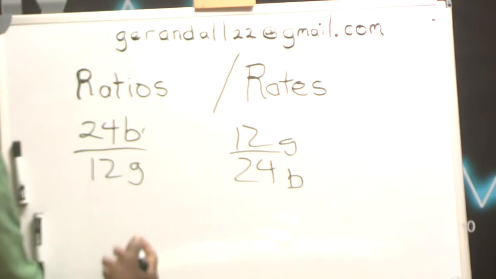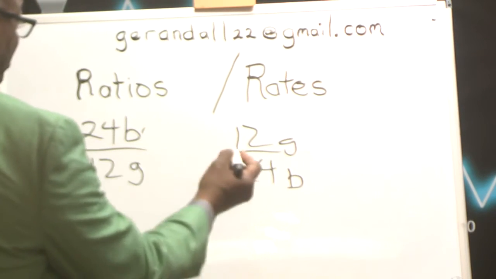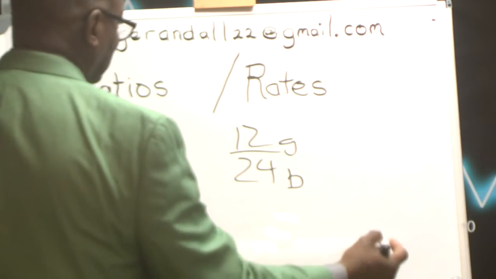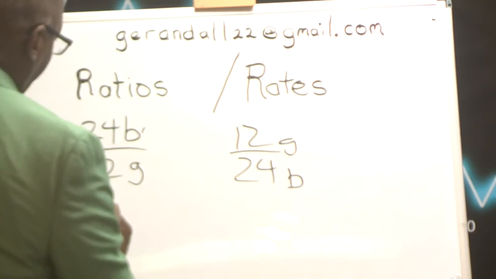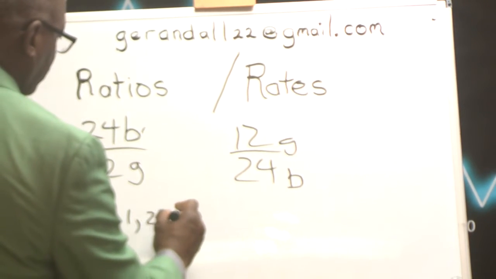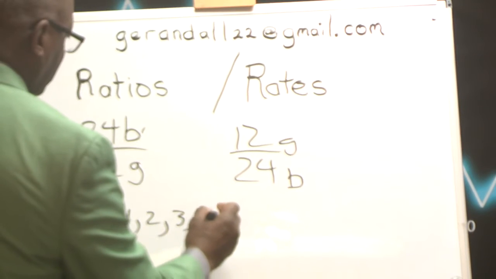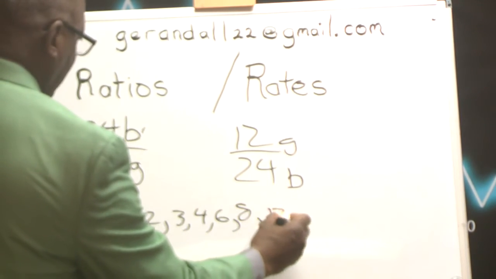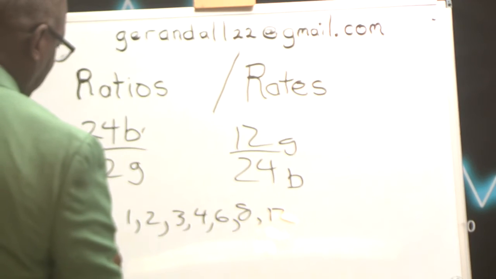Now, looking at that, a fraction. Remember way back when we listed our greatest common factor? For the number 24, it's 1, 2, 3, 4, 6, 8, 12. And for the number 12, we'll just say 12.